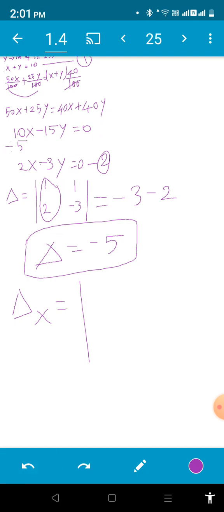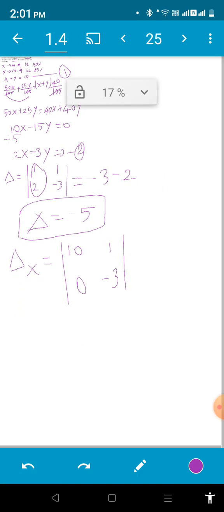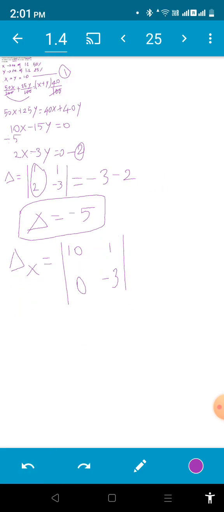The other column is the same, with no changes, because we only change the x column. So 10, 1 and 0, minus 3. I evaluate: 10 into minus 3 is minus 30, minus 0, so delta x is equal to minus 30.